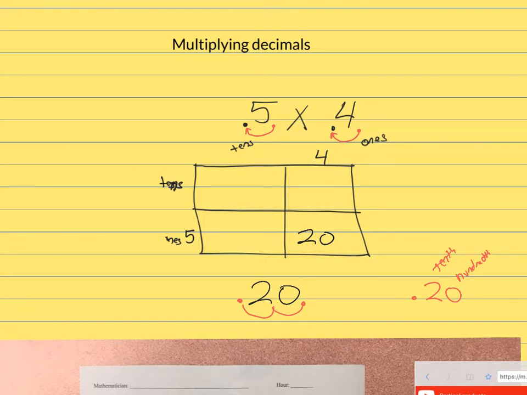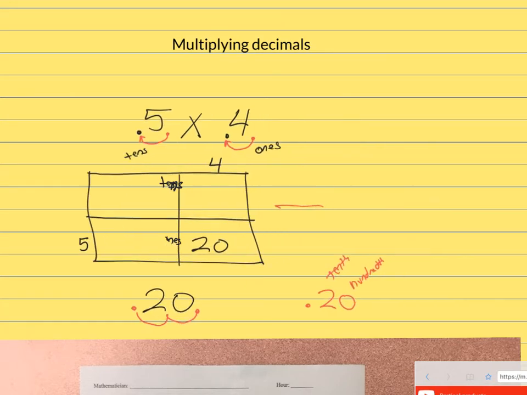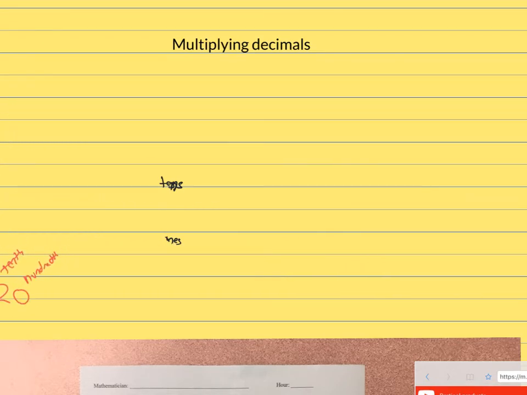All right, so let's do another number. Let's do another one. I'm just going to move this over. And we're going to do another one. So let's do a little harder one.